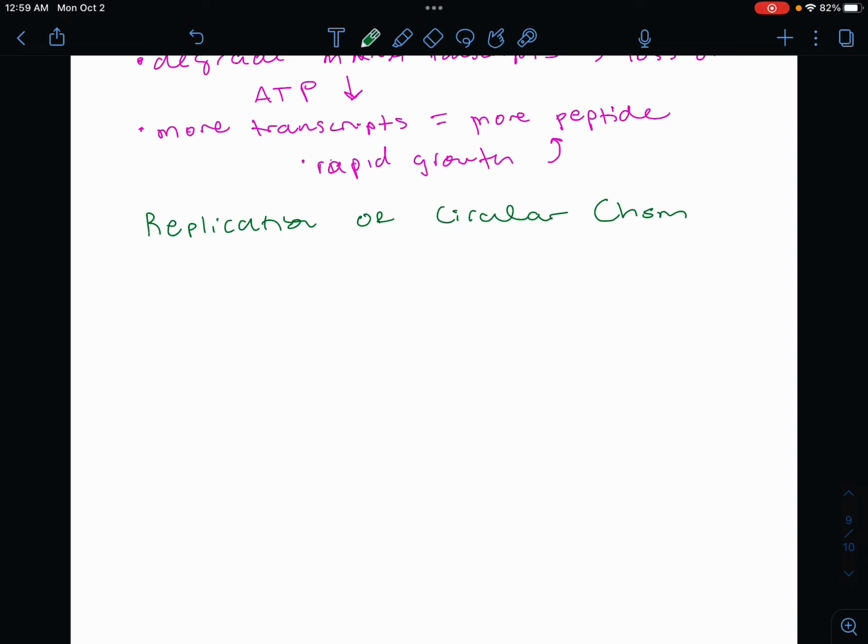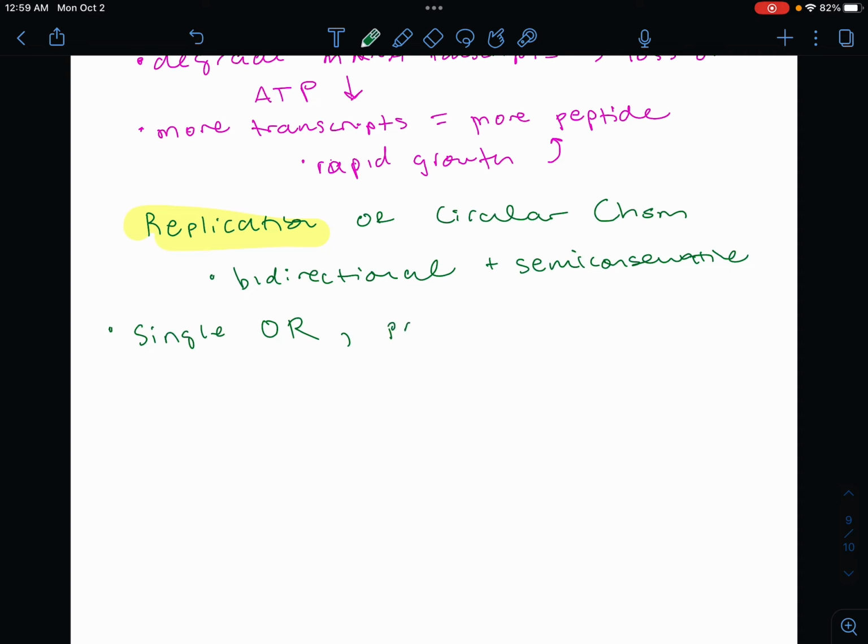So this is usually bidirectional like it is in eukaryotes. And it's also semi-conservative. Again, like in eukaryotes, but the difference being there's a single origin of replication where this process starts.